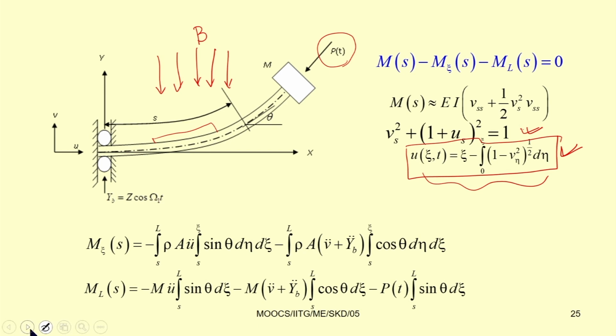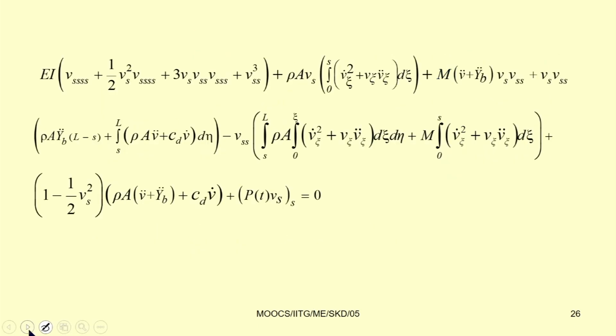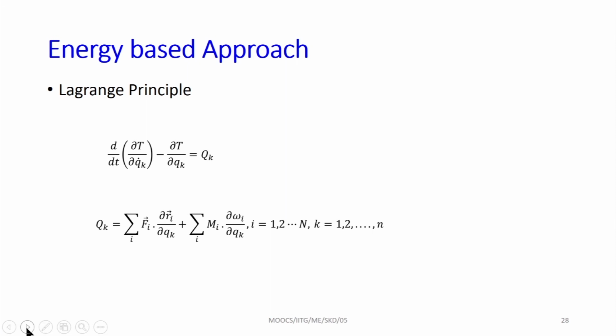Briefly, I will tell you now how to use the Lagrange principle. Initially we have done the force and moment based approach, where we used Newton's second law or D'Alembert principle. Then in this energy based approach, we use the Lagrange principle, which we can write as d by dt of del T by del q_k dot minus del T by del q_k equal to capital Q_k.